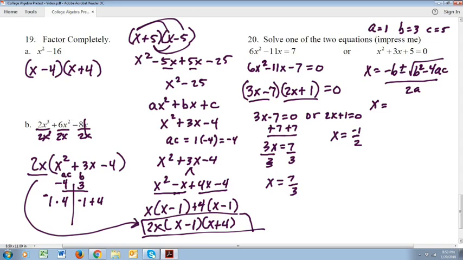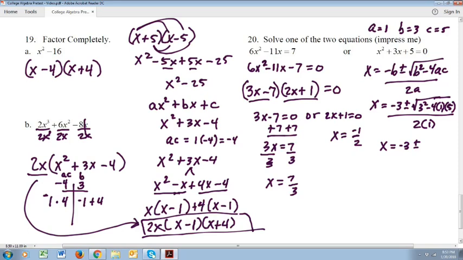And so you'd have negative 3 plus or minus the square root of 3 squared minus 4 times a, which is 1, times c, which is 5, all over 2 times a, which is 1. So we're going to have negative 3 plus or minus.